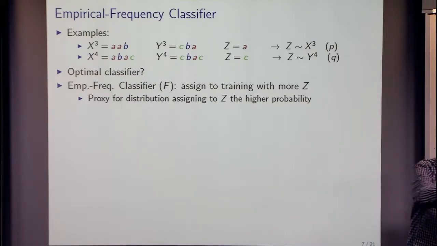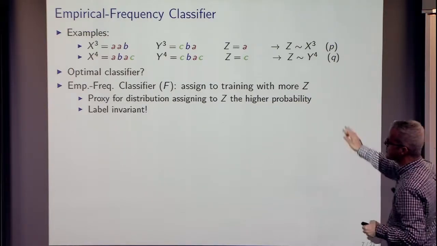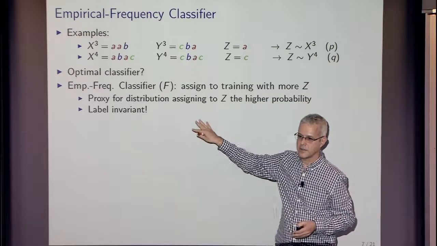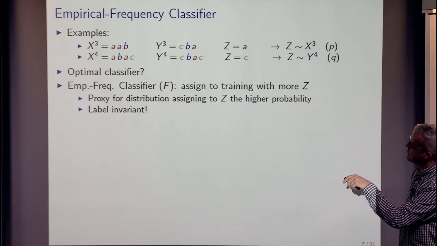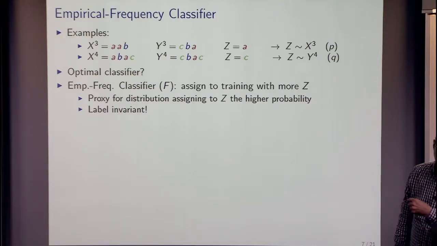This is what David calls maximum likelihood. We need to assign Z to the distribution that gives it the higher probability. And you notice that this estimator is label invariant. If I change A and B to alpha and beta and so on, it will still assign the same. So this empirical frequency is label invariant.